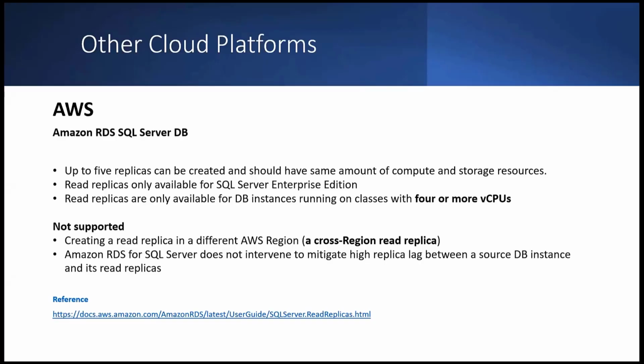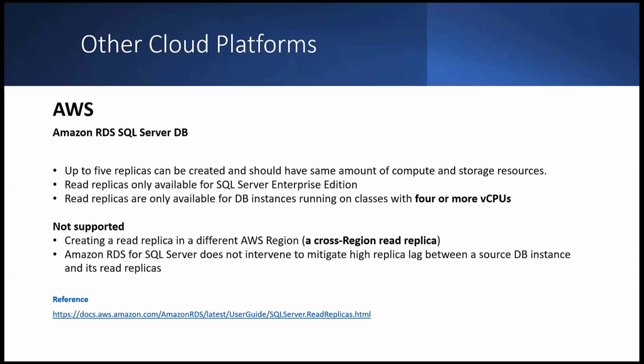In this case, we're going to be talking about AWS Amazon RDS for SQL Server. Amazon RDS is available on several database engines like Amazon Aurora, PostgreSQL, MySQL, MariaDB, Oracle Database, and SQL Server. In this case, up to 5 replicas can be created.